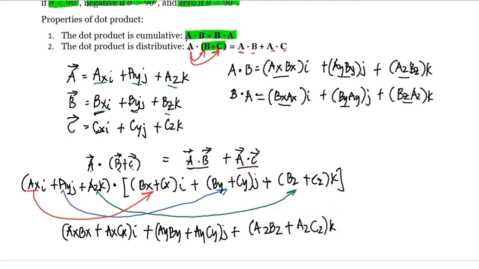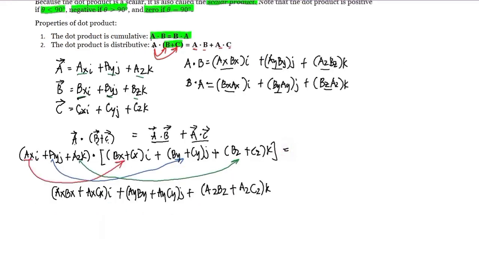So let's see. For A dot B, we just multiply this A with the B here. So we have AXBXi plus AYBYj plus AZBZk.